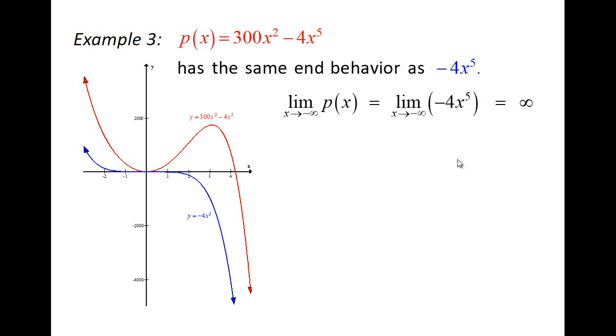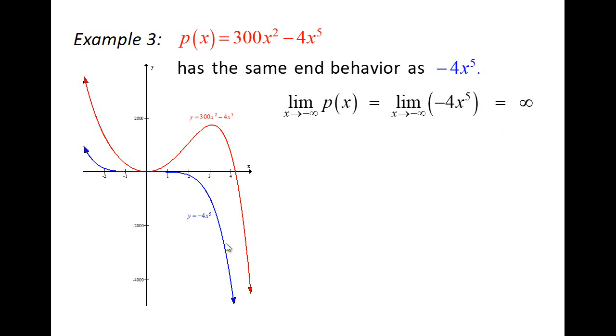Again, make sure that you understand that infinity is not a number. When we write that this limit is infinity, what we are saying is that as x gets bigger and bigger in the negative direction, or as x decreases without bound, this function is increasing without bound. You can look at that in the graph.